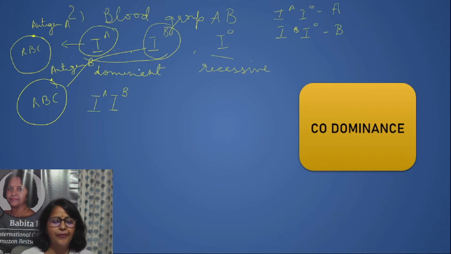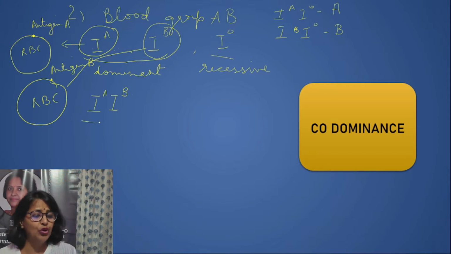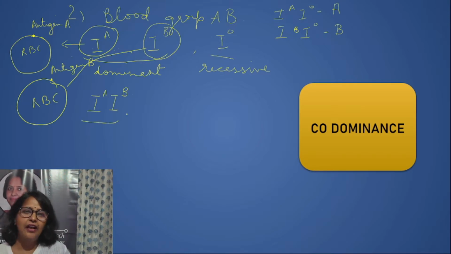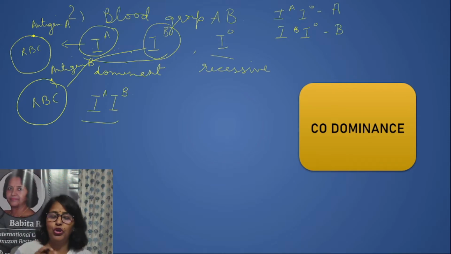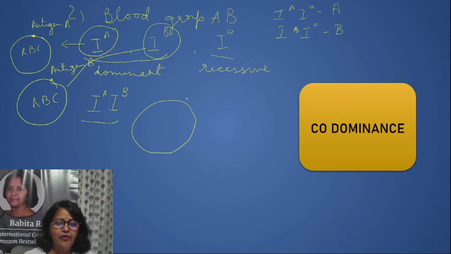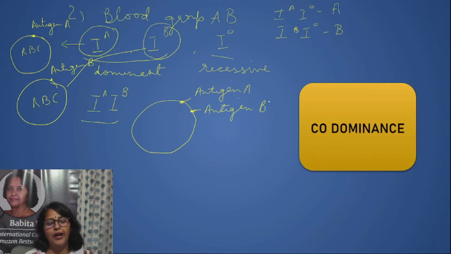Now when we have both of them together in a gene, that is we have IA and IB, both of them are together. So what will happen on RBC, we will have both the types of antigen, that is antigen A and antigen B. So both of them are able to express when they are present together.